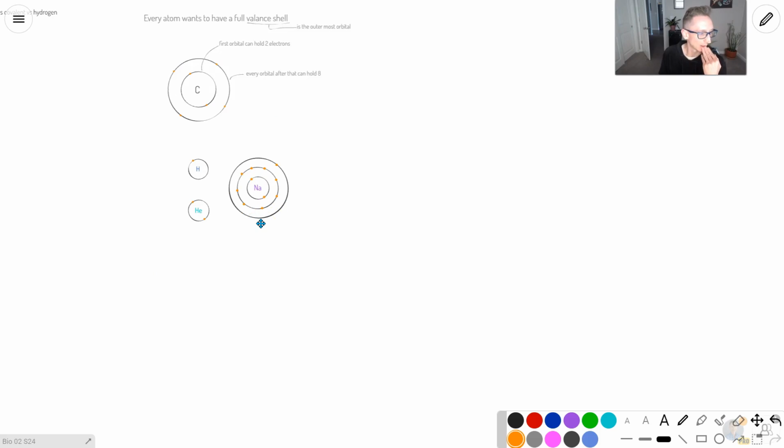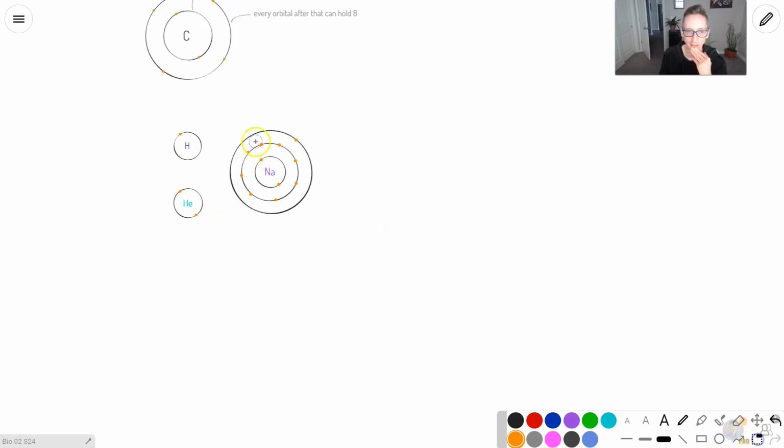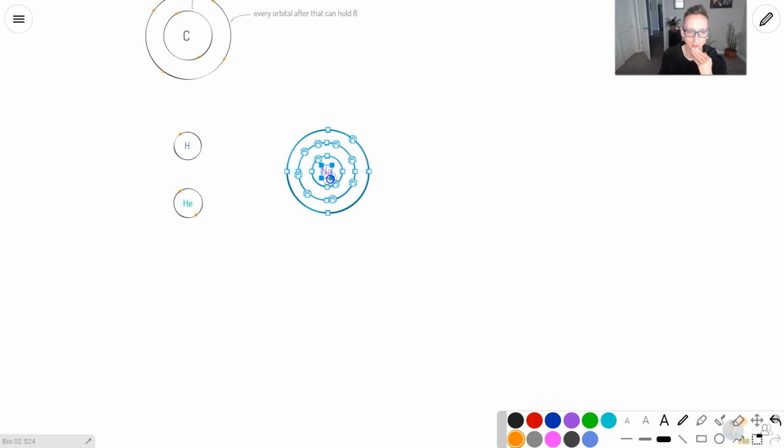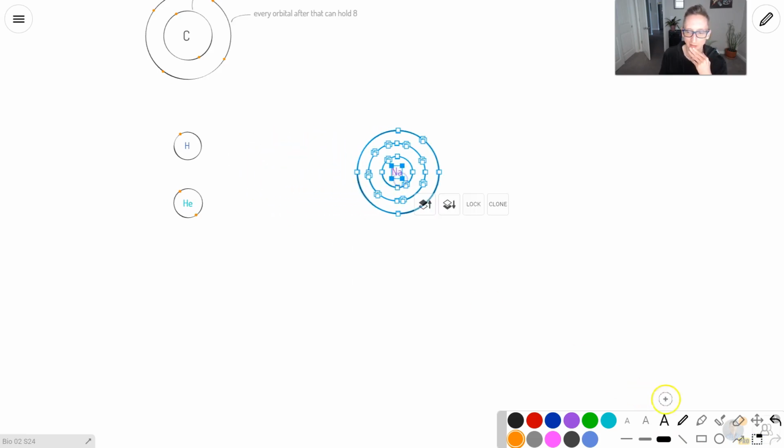Okay, so now let's go through molecule, compound, and formula. And then we'll get into the types of bonding. So we went through this a little bit. A molecule would be when you have more than 1 atom coming together. We'll copy a couple hydrogens here and use those as our little example.